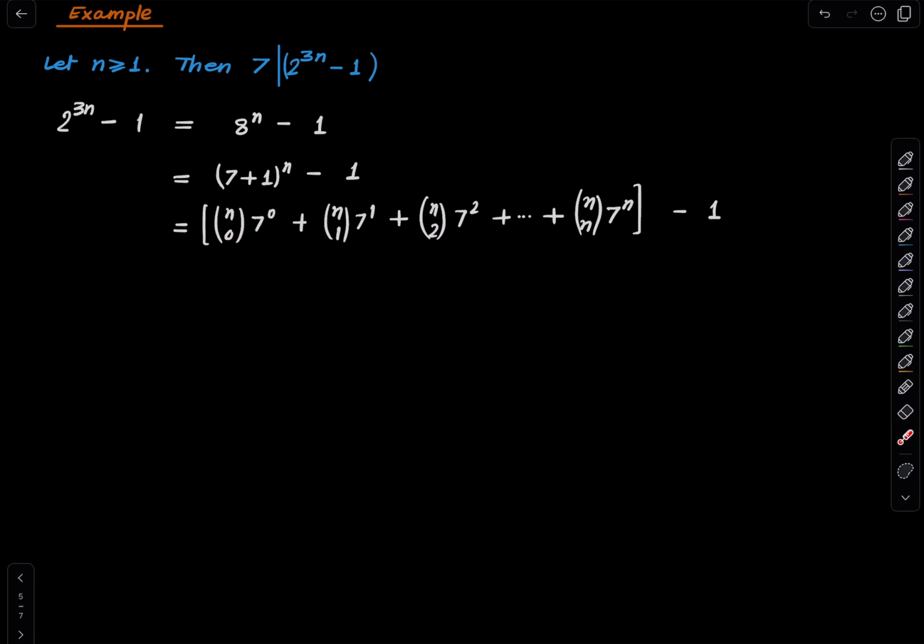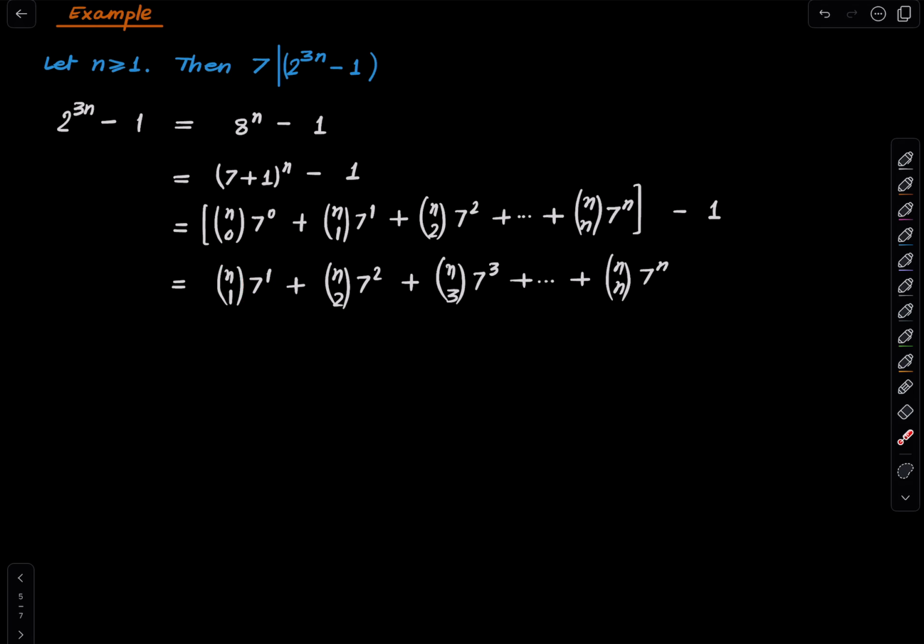So what we are left with is the following. n choose 1, 7 to the power 1, n choose 2, 7 to the power 2, and this will be added up till n choose n. And now observe, this is divisible by 7, right? It has already a number that is divisible by 7.